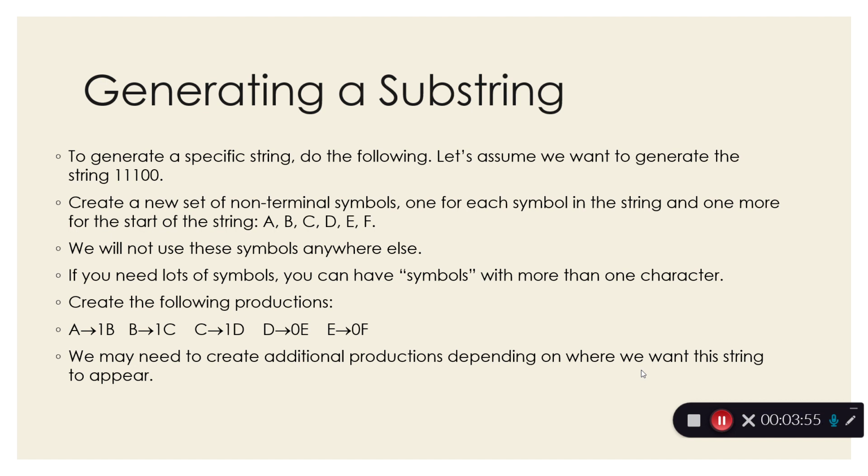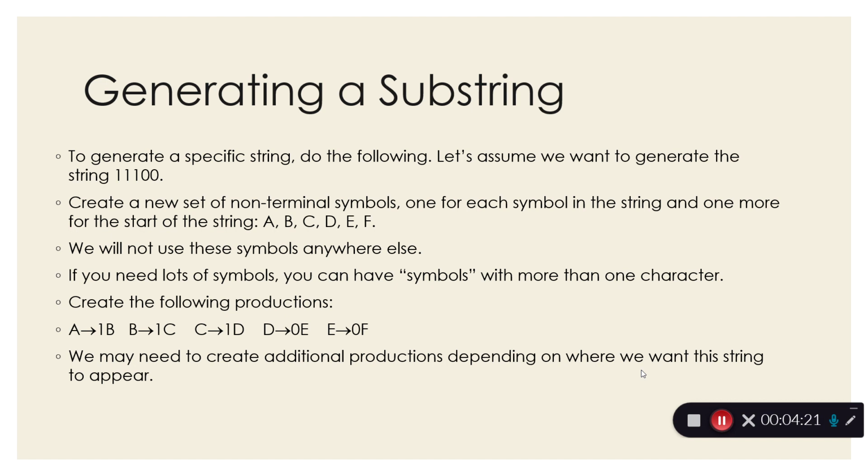We create a new set of non-terminal symbols, one for each symbol in the string and one more for the start of the string. And so I'd end up with six. I have 5 characters in my string. I need 6 non-terminals. And we're not going to use these non-terminals anywhere else. This is for this string and for this string only.